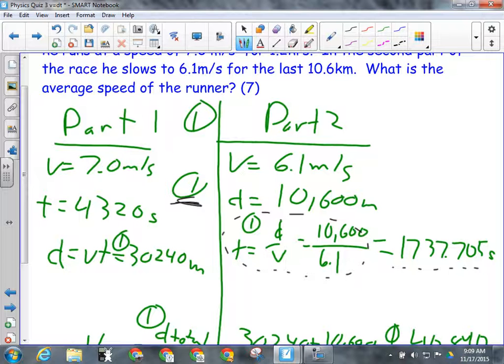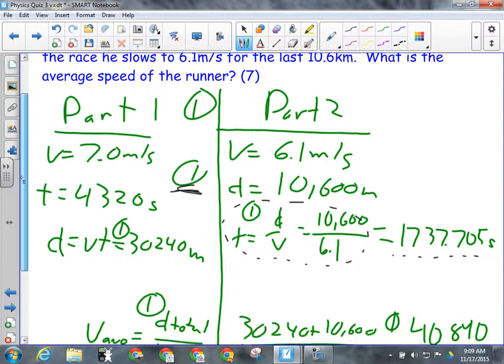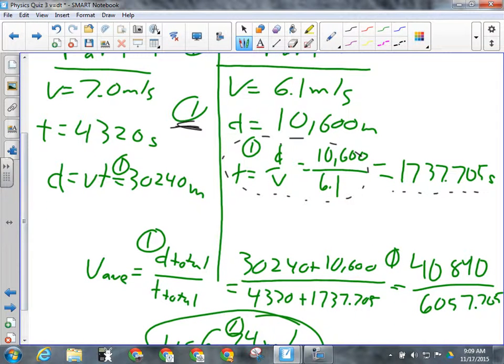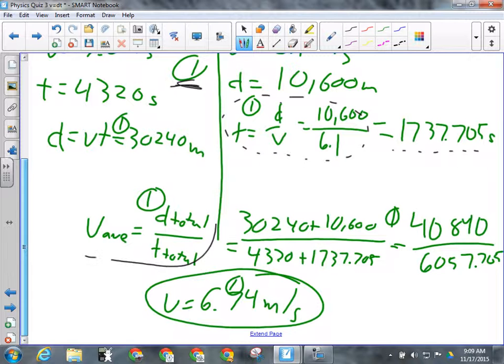Now that I've got all the D's and all the T's, I can do total distance over total time. If they've got that written down somewhere, or they showed it somehow, give them a mark for that, and then another mark for plugging in the numbers, whichever way they did that. Maybe they showed the numbers they were adding like this, or maybe they just showed the totals like this. Either way, it's the same thing.